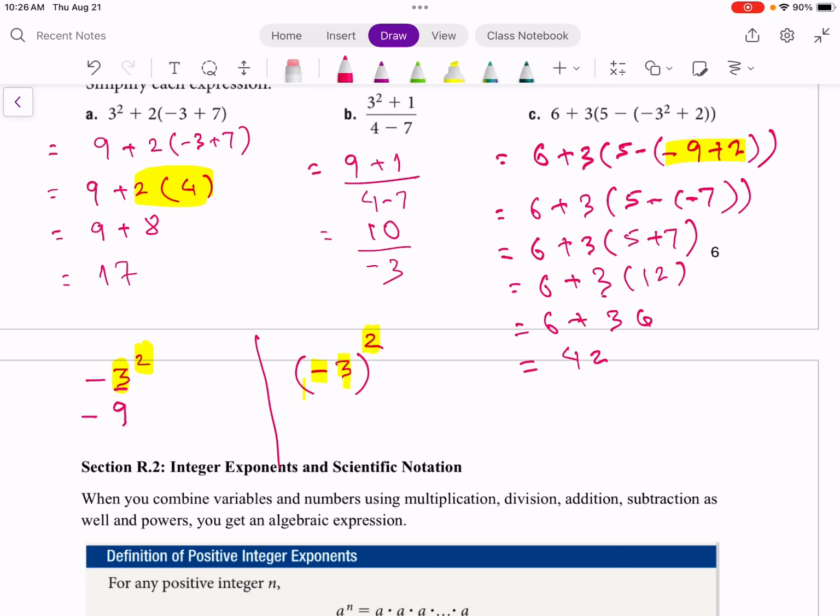What is the square of negative? Negative times negative is positive, right? So we have a positive, and 3 square is 9. So if you do not have parentheses, then that square is only for the number. Okay, so this is all about our section R.1.